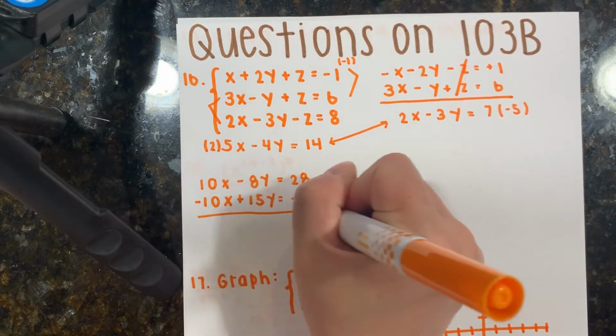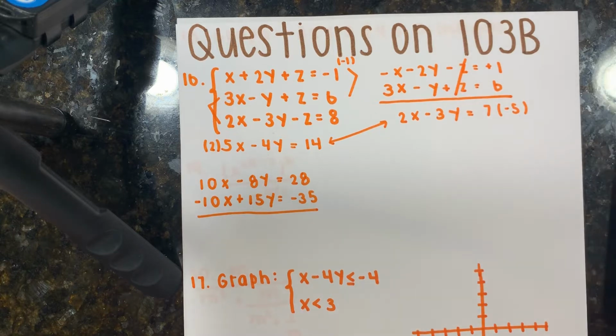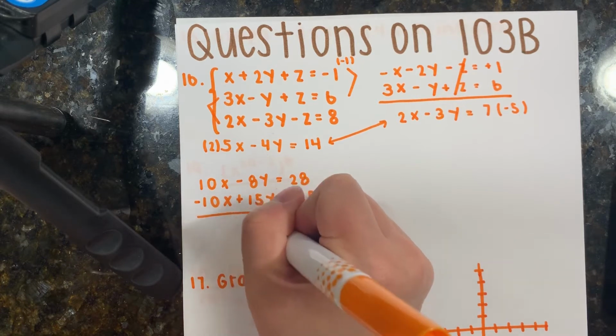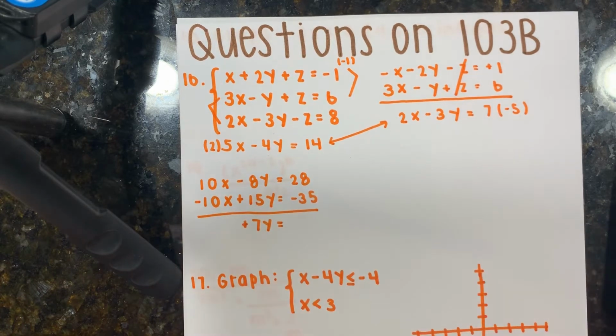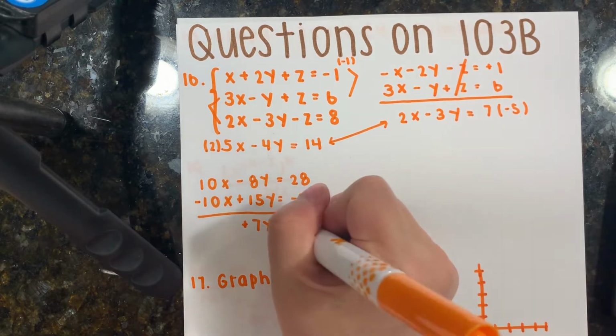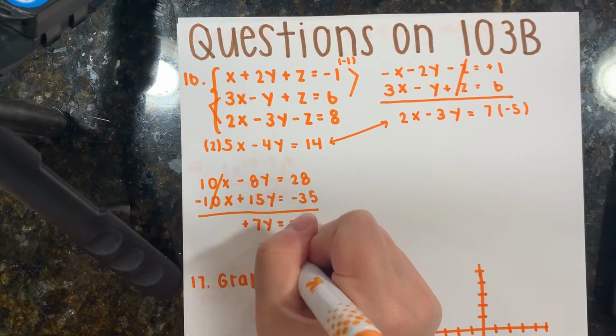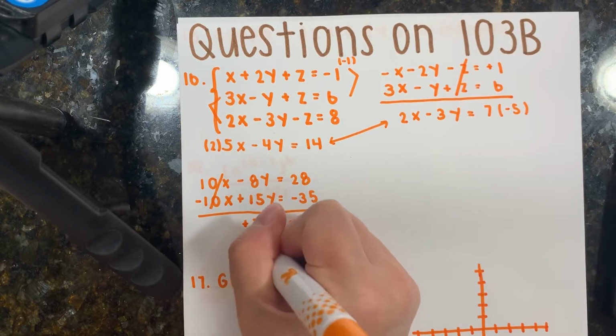And I'm going to use my calculator just so I don't mess up. So 8 minus 15 would give me negative 7y equals, and then 28 minus 35 would give us -7. The x's cancel, so y is going to be equal to -1.